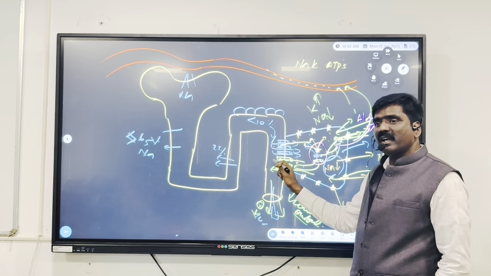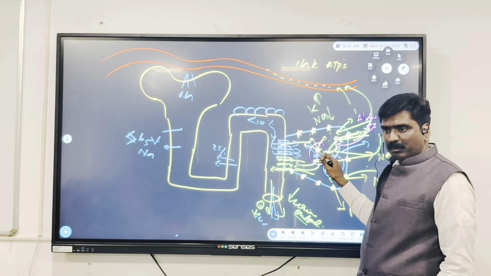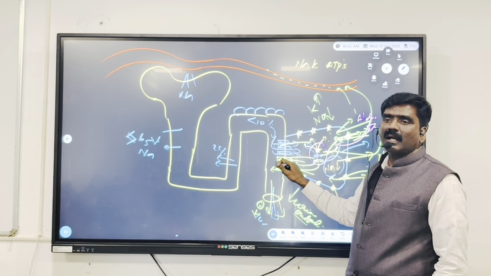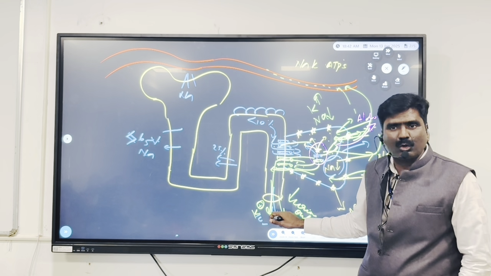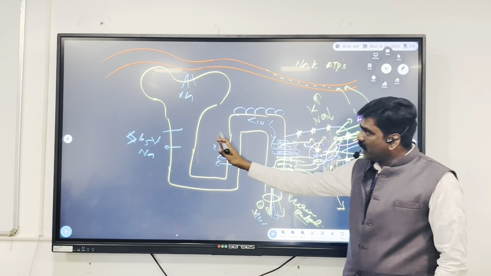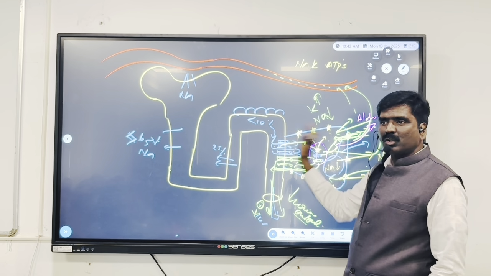This potassium, from where did it come? It came from outside. First it entered the principal cell, and from the principal cell it entered the collecting tubule. So now potassium is leaking in the urine instead of sodium. Because sodium is already absorbed here, here and here, still more sodium is absorbed.